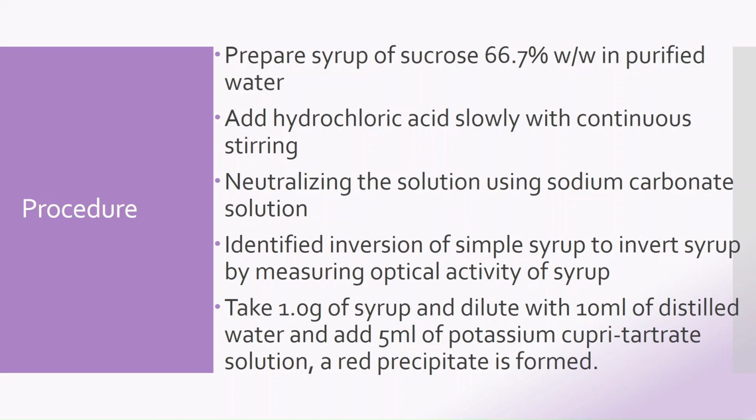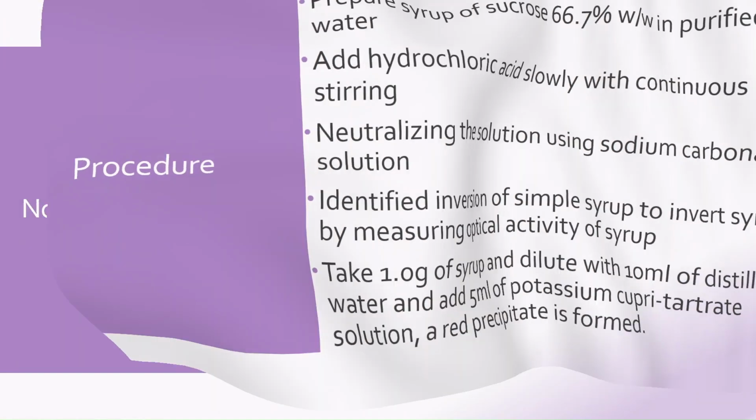You can do it by measuring the optical activity of the syrup, or by taking 1 gram of the syrup and diluting it with 100 ml of distilled water, and after you have diluted it to 100 ml, add 5 ml of potassium cupric citrate solution. You should see a red precipitate to confirm you have made your invert syrup.